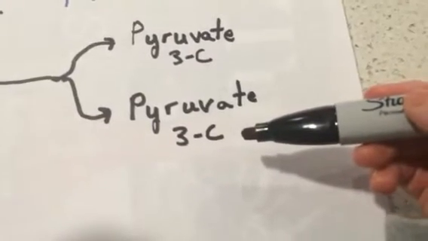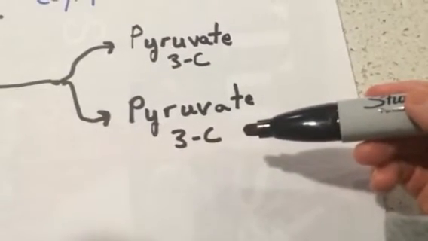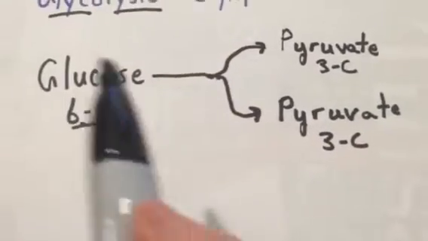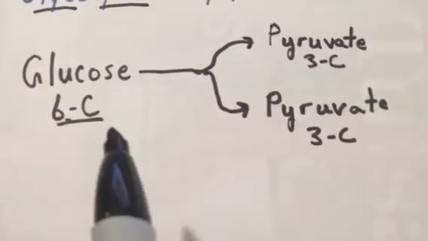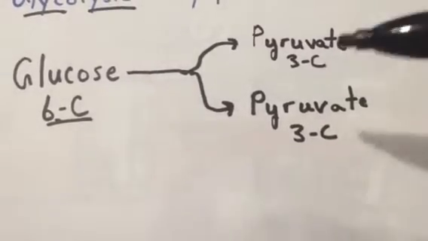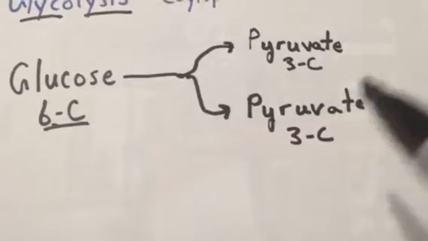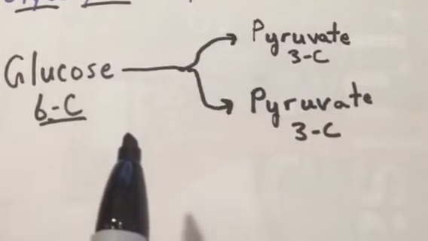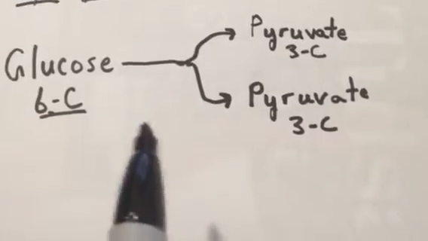So did we produce any carbon dioxide in glycolysis? Or another way to ask that is, did we remove any carbon? No, we didn't, right? Because they're all still accounted for. We have 3 here and 3 here, so that means we still have 6 carbon atoms. So we do not produce any carbon dioxide in glycolysis.